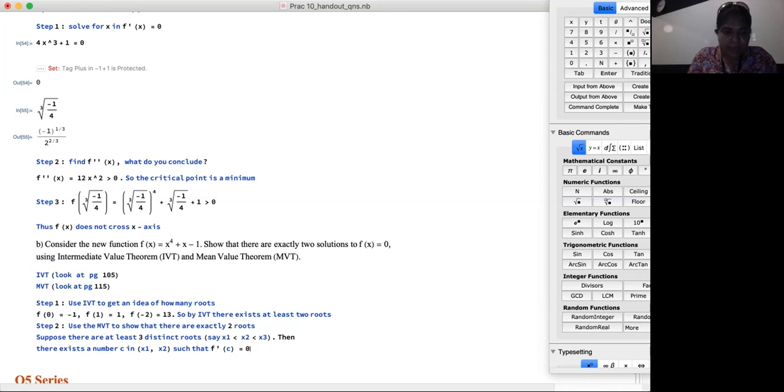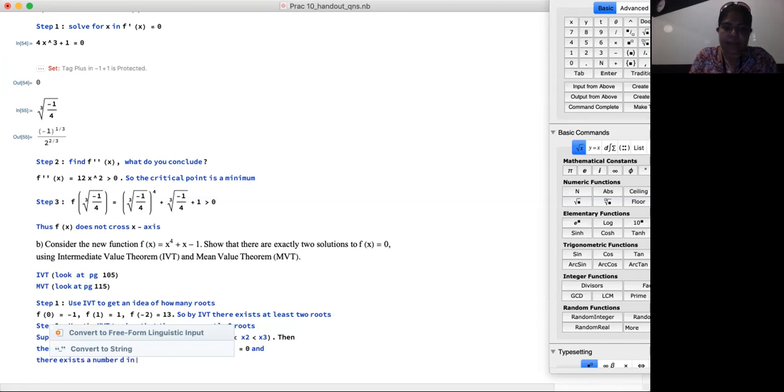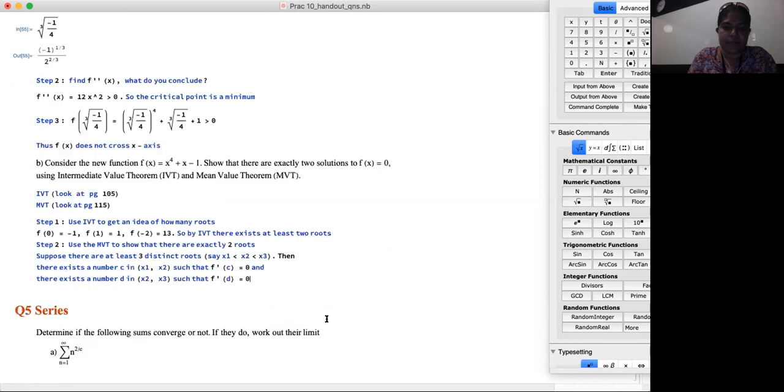That's by the mean value theorem. And there exists a number d in the interval x2 to x3 such that f dash d equals 0.